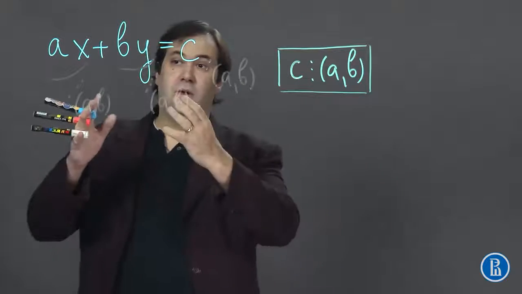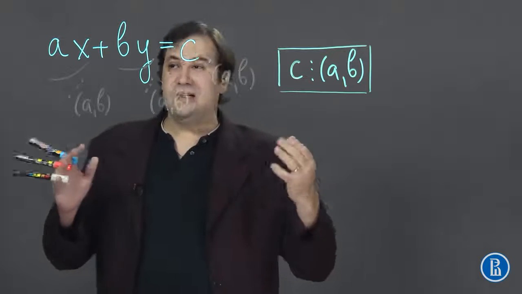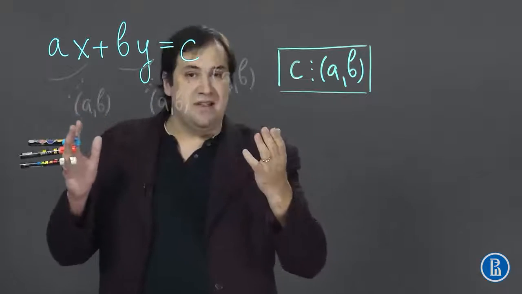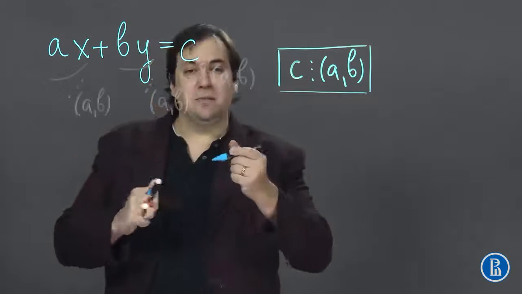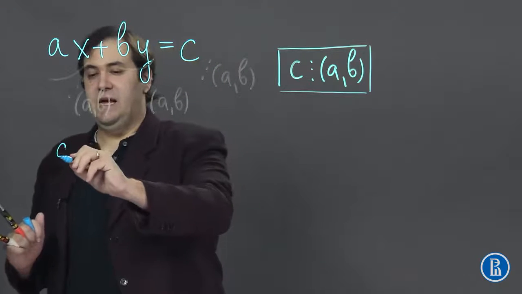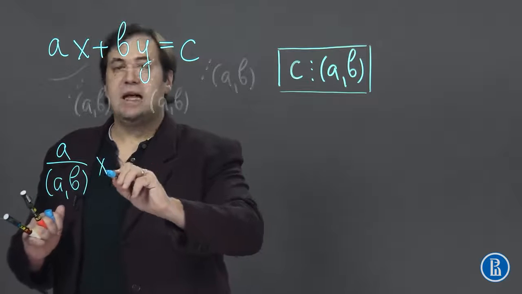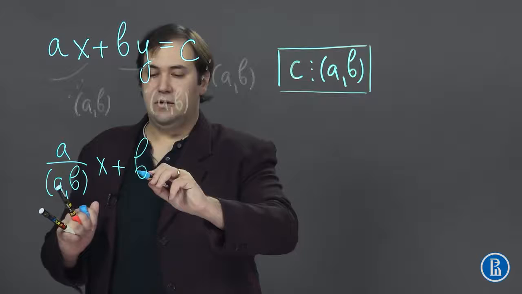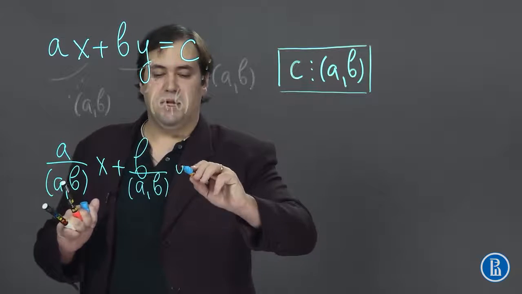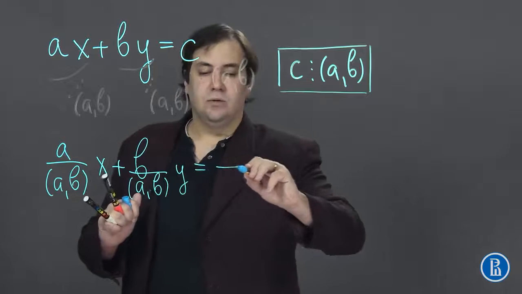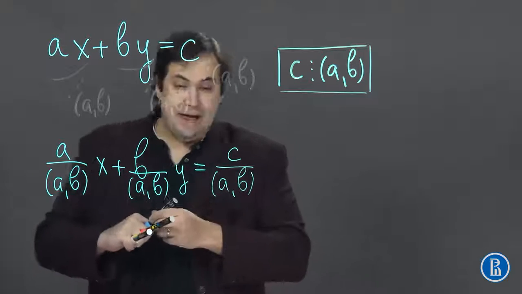Well, if all of them are divisible by the greatest common divisor of a and b, then why don't we just simplify this equation and divide it by the GCD of a and b. We will have a over this GCD plus b over the greatest common divisor of a and b multiplied by y equal to c divided by the greatest common divisor of a and b.